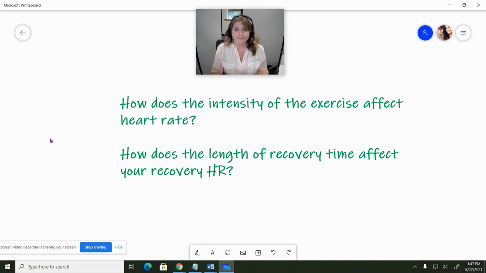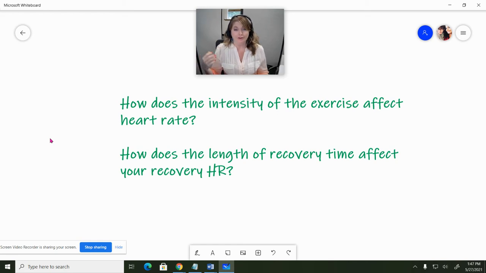You would do 2 minutes of exercise, and then wait 1 minute and then take your heart rate and see what it is after 1 minute. Repeat the exercise, do 2 minutes of exercise, wait 2 minutes and check what your heart rate is. And then again, do 2 minutes of exercise again, and then wait 3 minutes and check what your heart rate is.